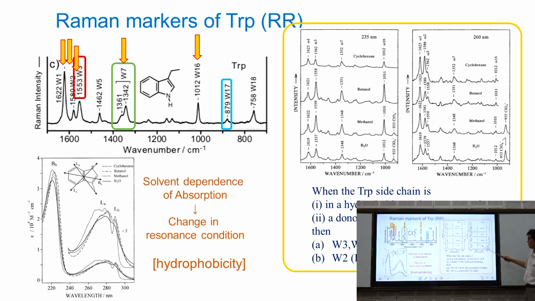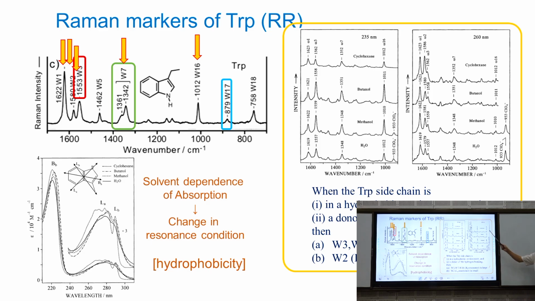So by this experiment, it is concluded that when the tryptophan side chain is in the hydrophobic environment and the donor of the hydrogen bonding, then W3 becomes large, W2 becomes small. Okay, there are many conditions, but if the side chain satisfies these conditions, then we can interpret Raman intensity by considering hydrophobicity change.